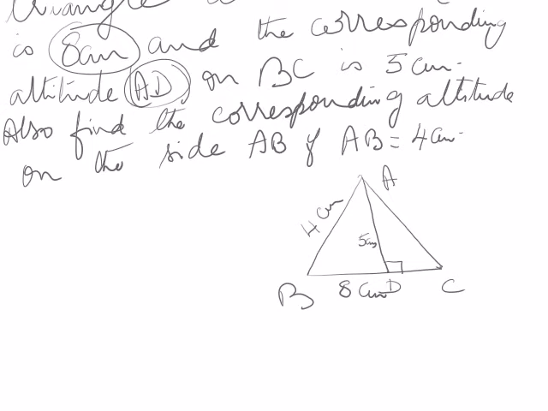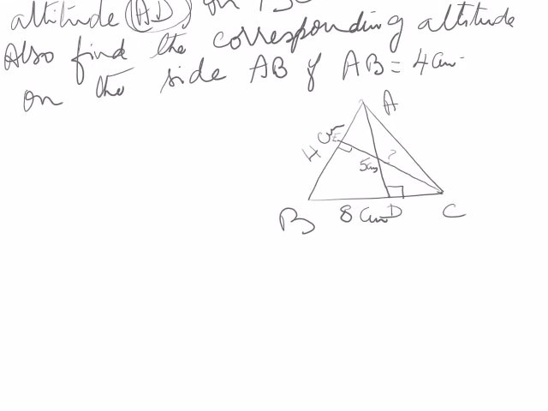Not only that, we have to also find the corresponding altitude on the side AB. So the corresponding altitude on the side AB will be the perpendicular drawn from C on AB. So let us name it as CE. So we have to find out the length of CE. Okay. So now first let us find out the area of the triangle ABC.